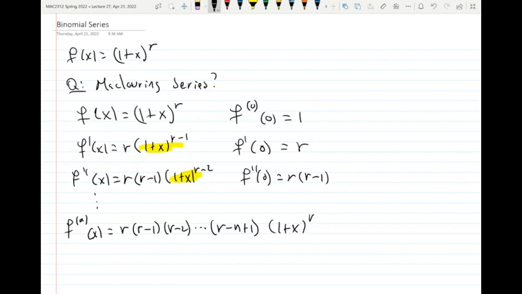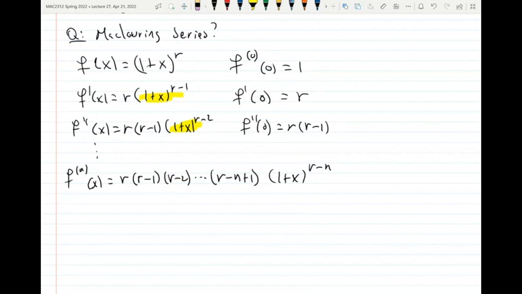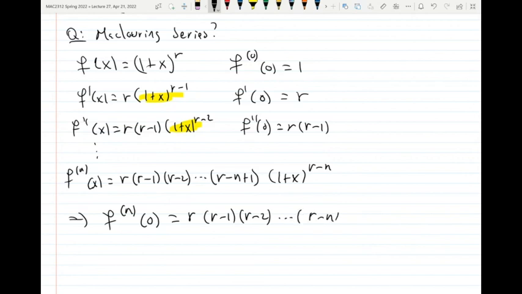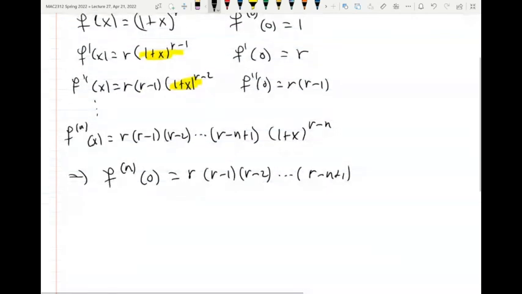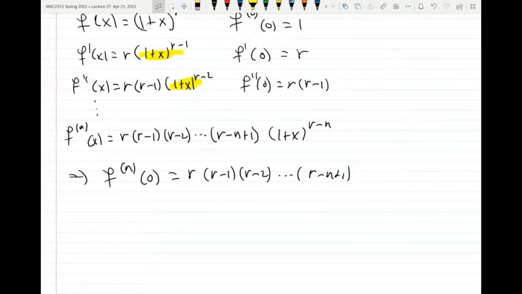Times (1 plus x) to the r minus n. So the nth derivative at 0 takes that form. Okay? And that's the reason why, remember, this is the numerator of the coefficient in the Maclaurin series. Then you need to divide this by n factorial to get the coefficient. That's why you have that definition there.